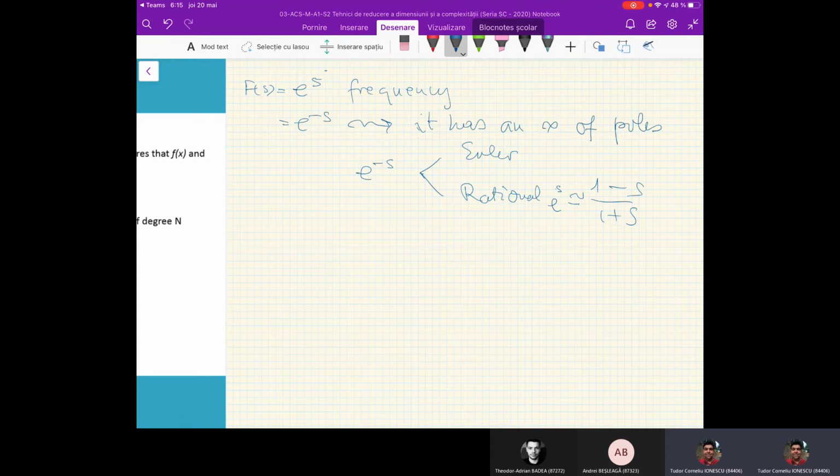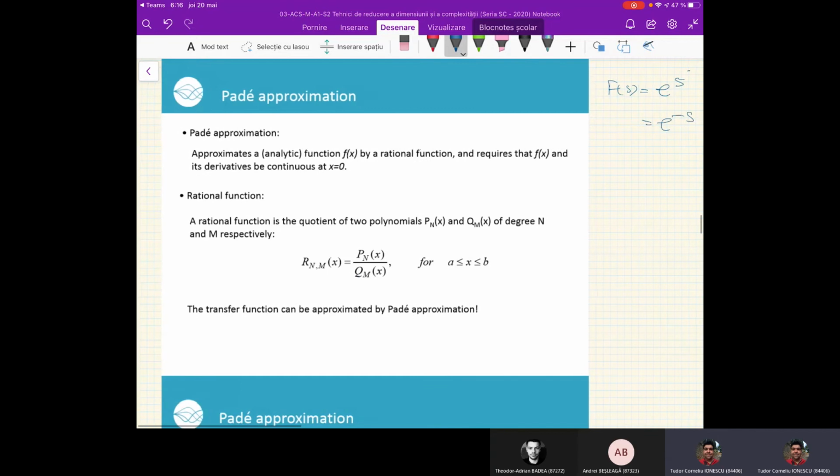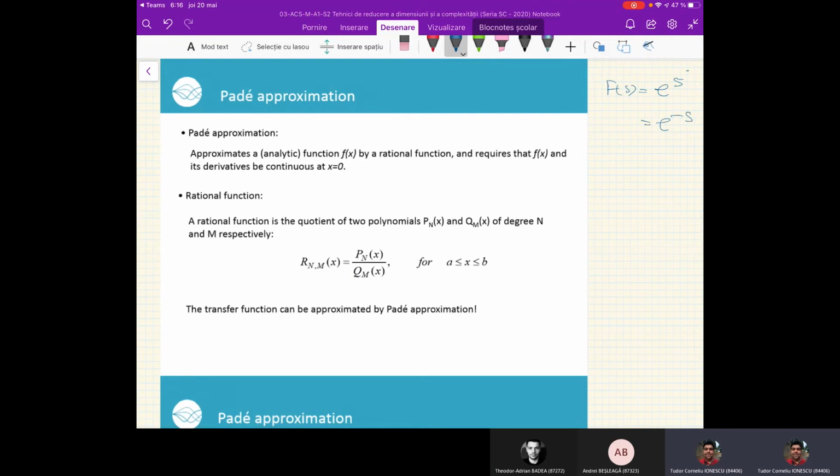When you do discretization of a continuous time linear system, or a continuous time transfer function, you can use such kind of transformations. This also denotes a mathematical specific transformation. So this is Padé approximations.